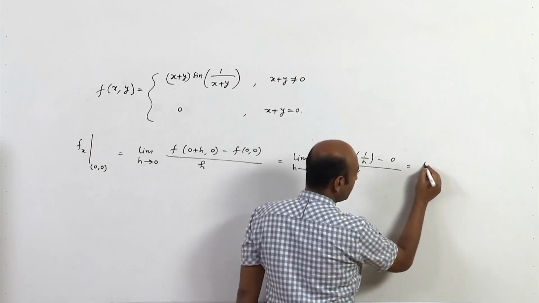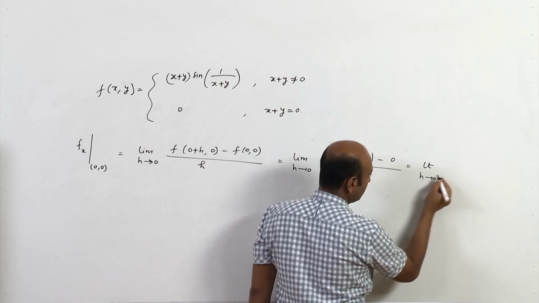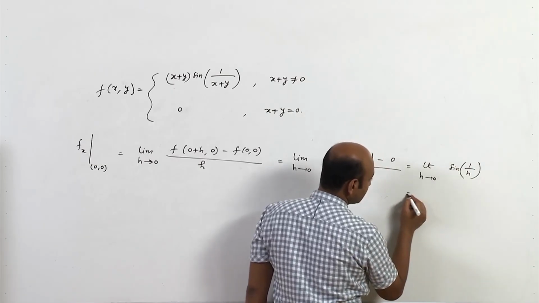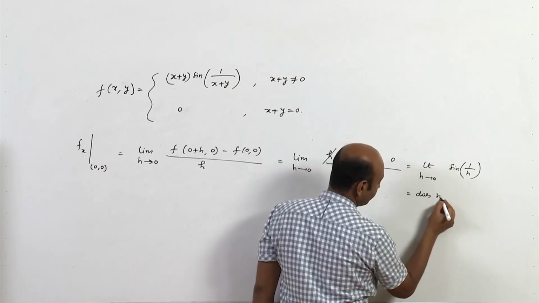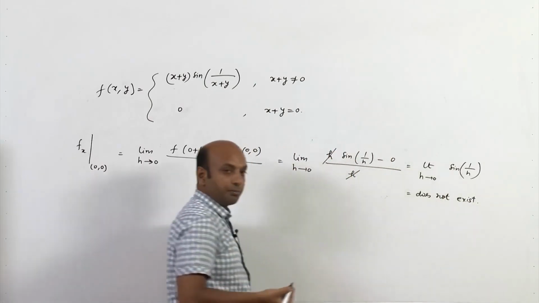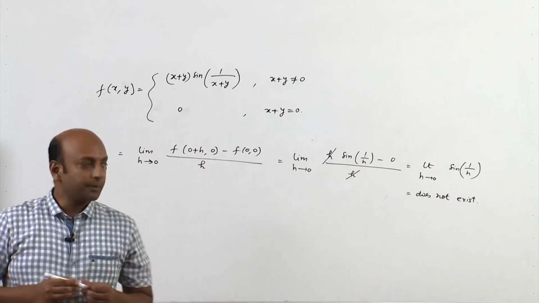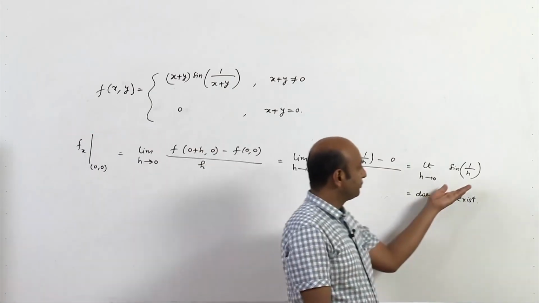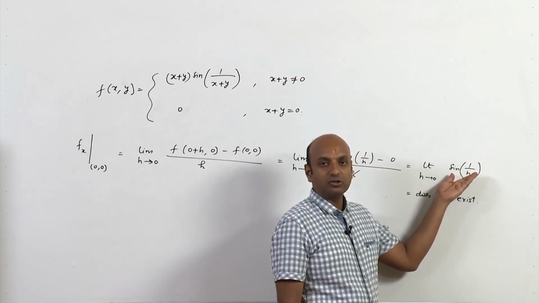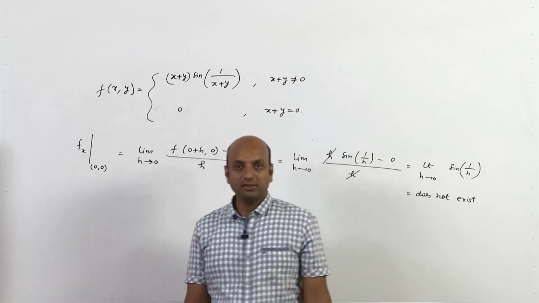So, this is the limit as h tends to 0 of sine 1 by h, and this does not exist because it is not a unique value; it lies between minus 1 and plus 1, but it is not unique. So, the limit does not exist.